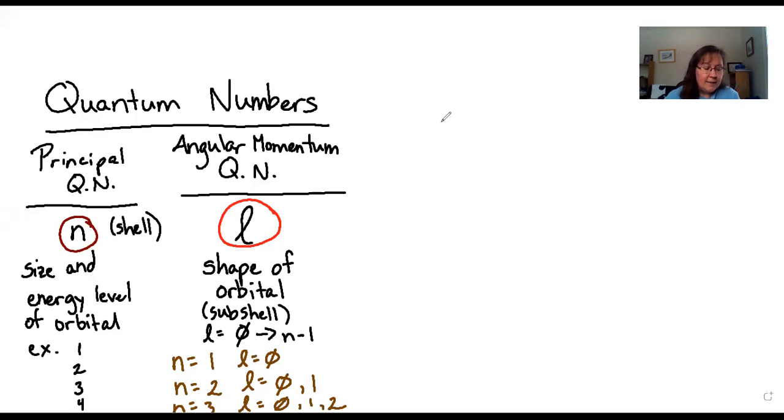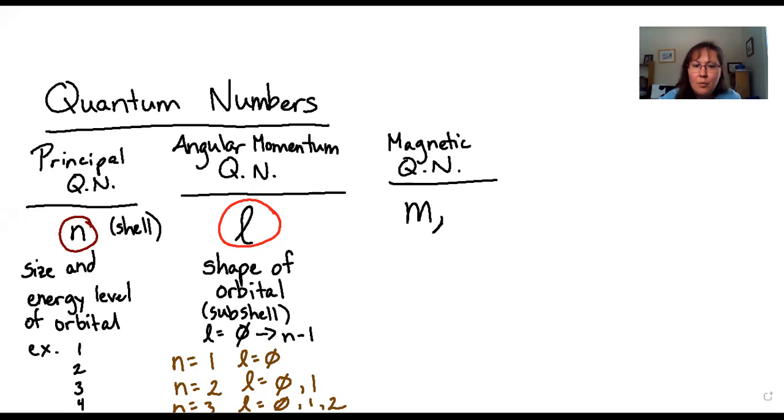Now the next piece here is the magnetic quantum number. The magnetic quantum number is M with a subscript L, and it'll often be referred to as M sub L. You'll hear me do that in various places.